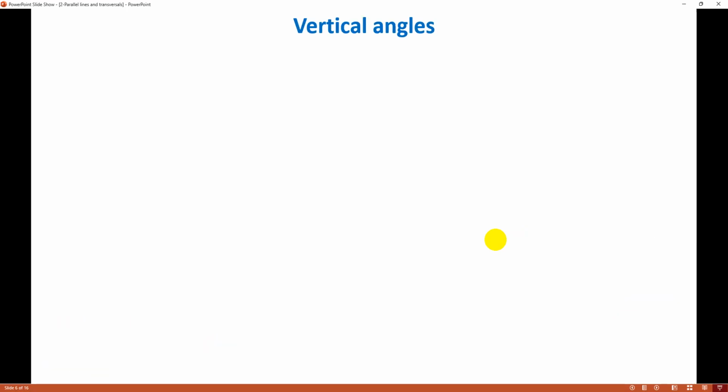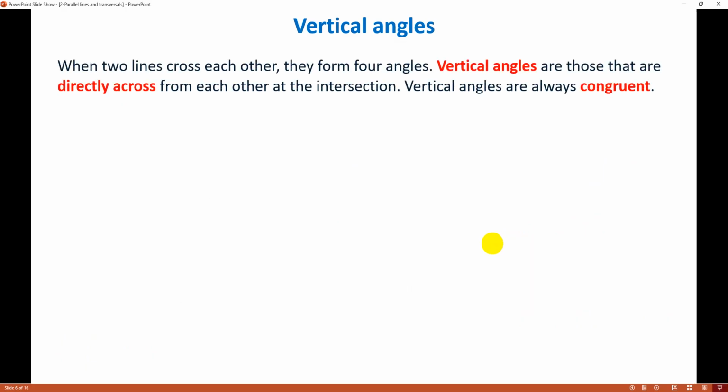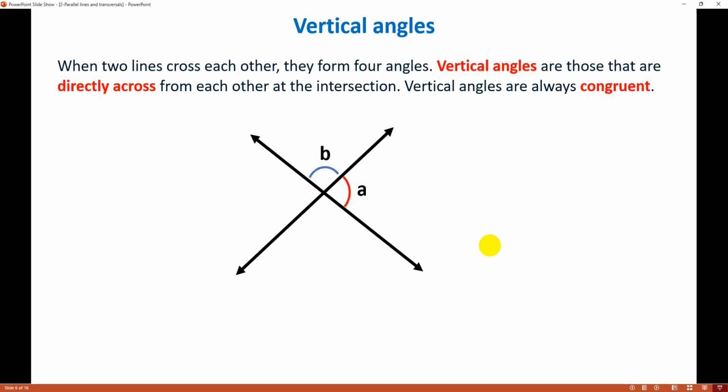Now let's take a look at another concept, the concept of vertical angles. When two lines cross each other, like these two lines, they form four angles: A, B, C, and D. Vertical angles are those that are directly across from each other at the intersection. Vertical angles are always congruent.